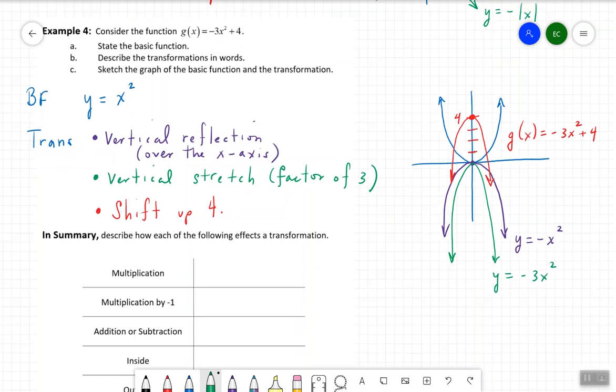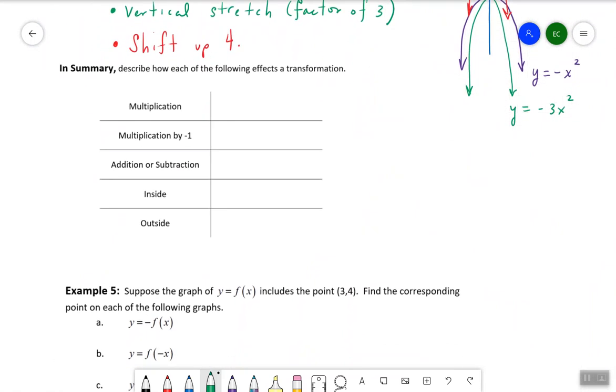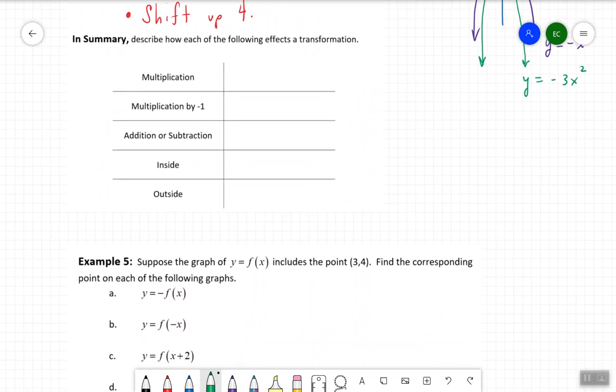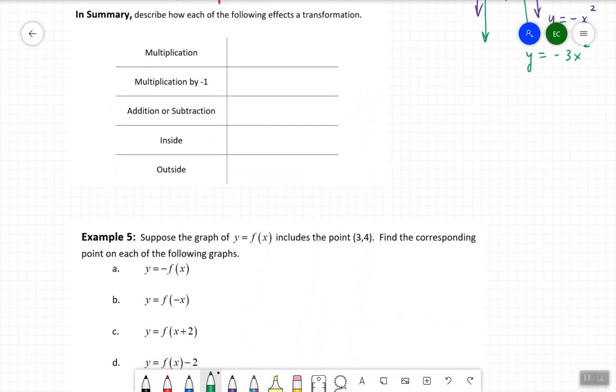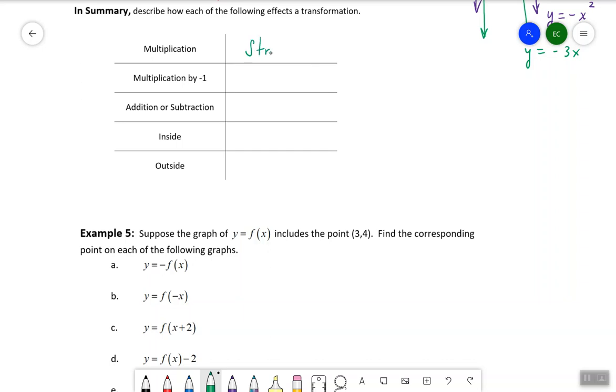Okay, let's summarize what we've learned about transformations, and then let's do one more problem that's similar but different to show what we know about transformations. So what does each of the following items do to a transformation? Multiplication, you'll say stretch or compression.